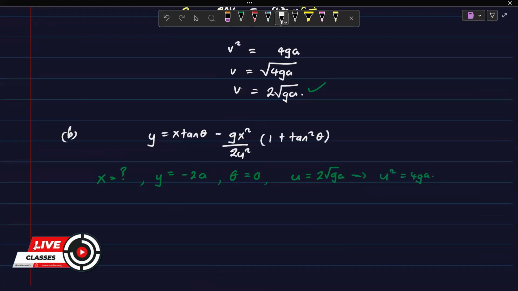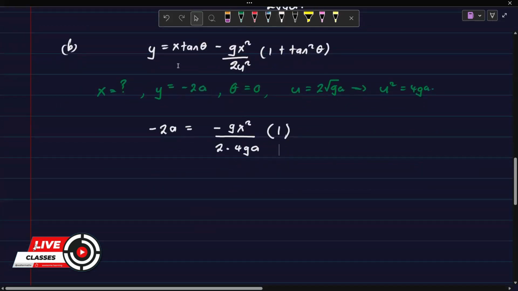All right. So if we plug these values into the equation of trajectory, we'll be having minus 2a for y is equal to x tan theta. Tan 0 is 0. So this part will become 0. And that's going to be minus gx squared over 2u squared, that's 2 of 4ga, and that's of 1 plus tan squared theta. Tan of 0 is 0. So that's just going to be 1, right? So 2 times 4 is 8 here.